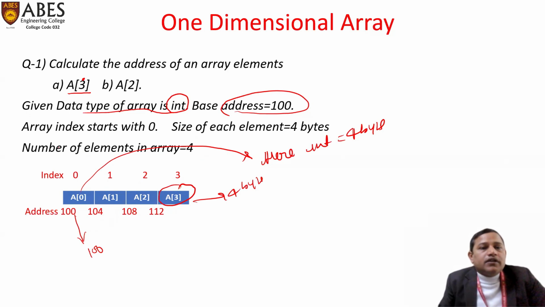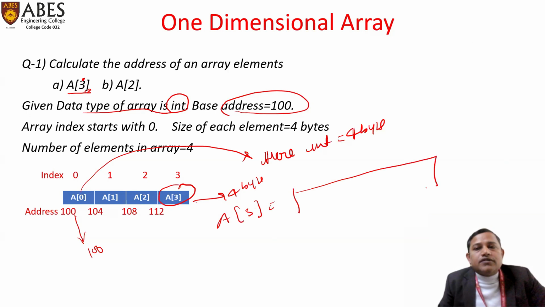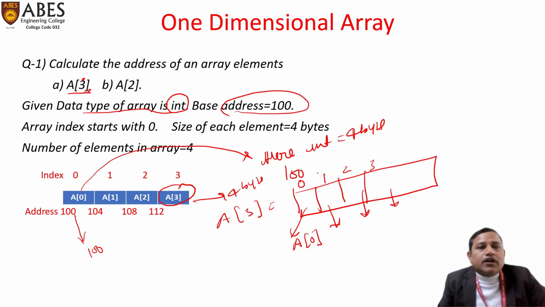Then how to calculate the address of A3? There are a total of 4 elements in the array starting with index 0, 1, 2, 3, represented as A0, A1, A2 and A3. If the base address is 100, then the address of the first one is 100, and the addresses of the next ones are 104, 108 and 112.